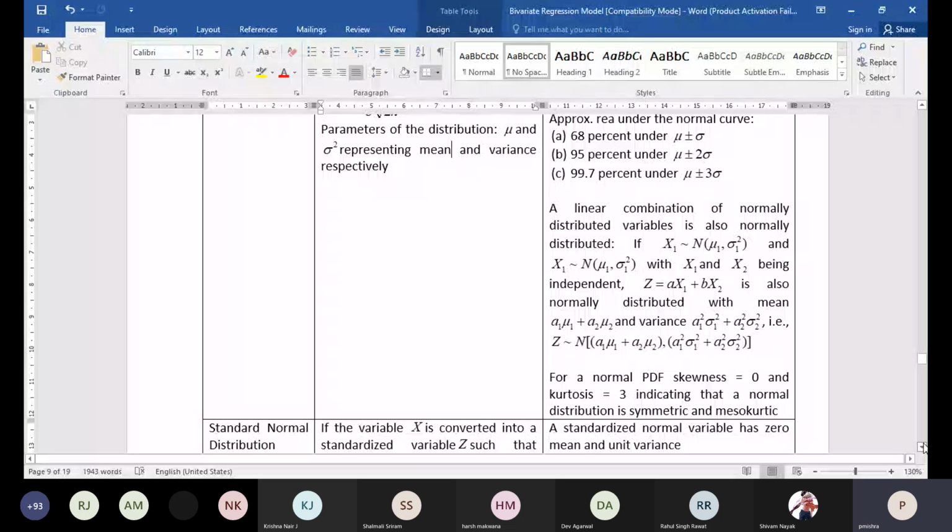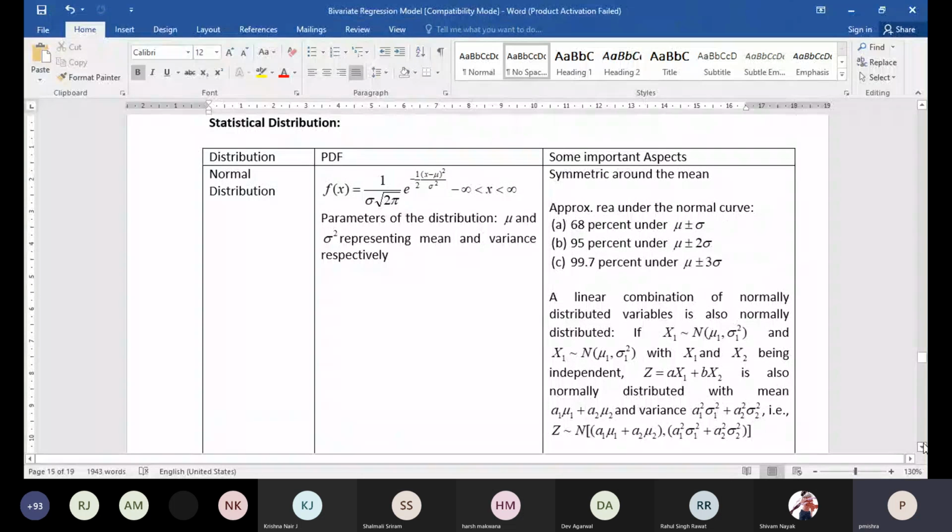But before that, let us have a discussion on statistical distributions. And for that, we will start with the normal distribution, right?